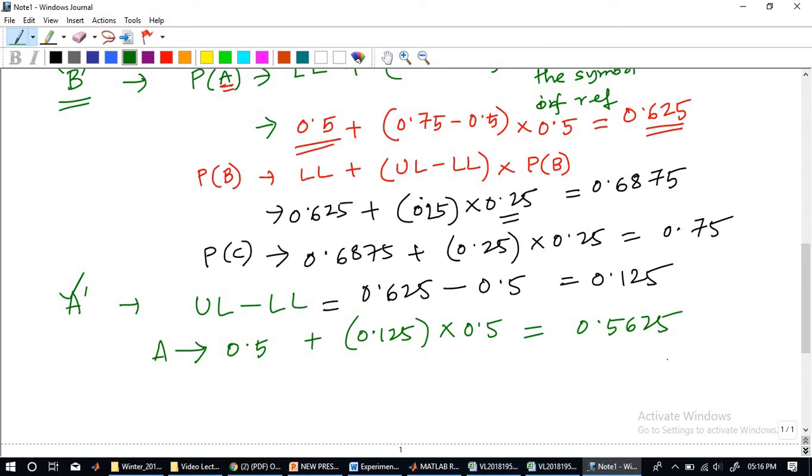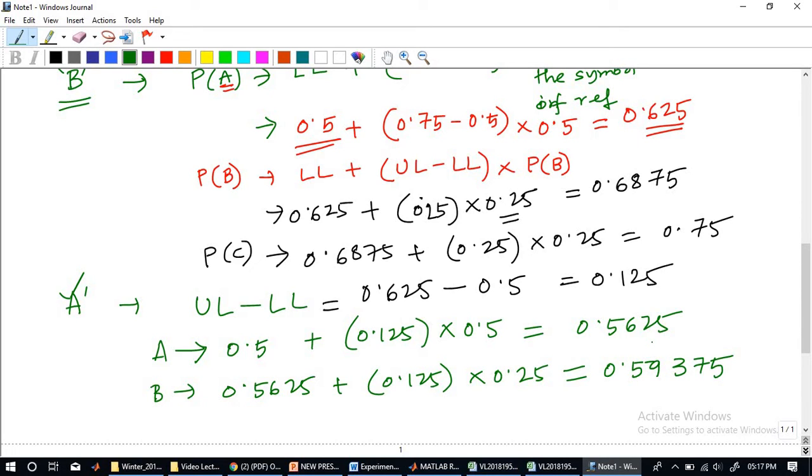This is the higher value of the upper limit for probability of A. But that becomes the lower limit for B. So 0.5625 plus 0.125 multiplied by 0.25, because 0.25 is the probability of the second symbol or B, and this happens to be, if my calculation is correct, 0.59375.